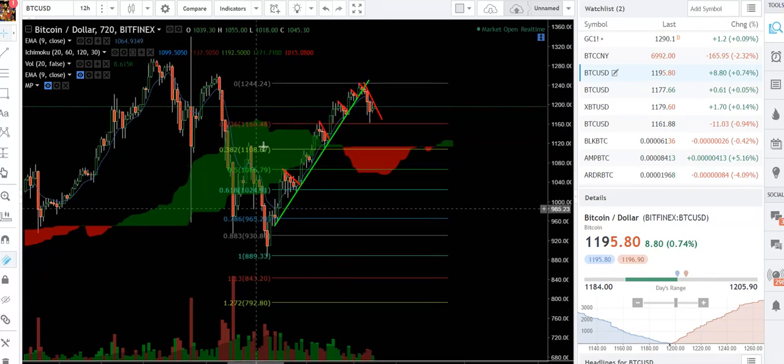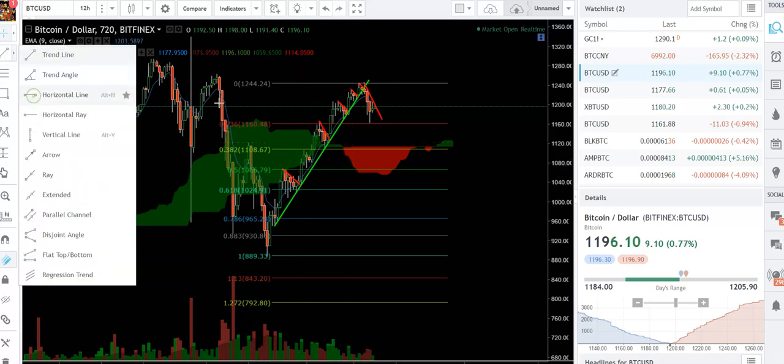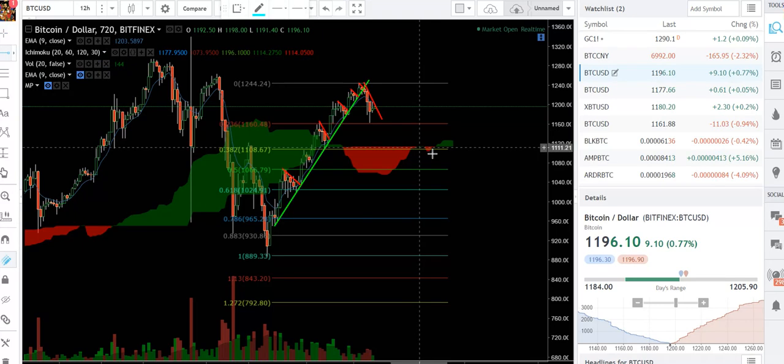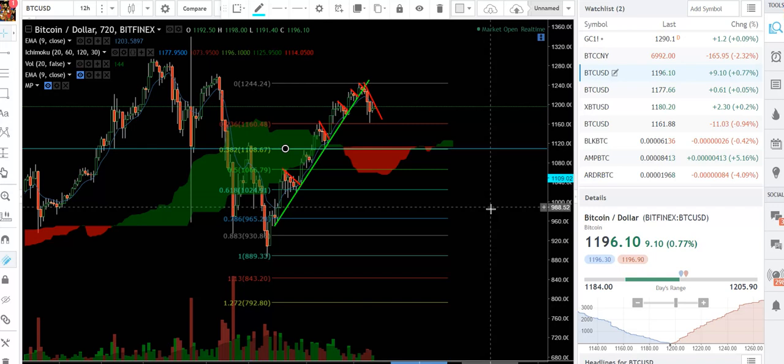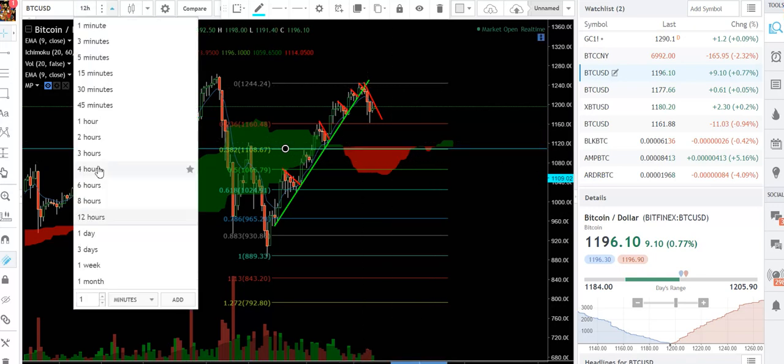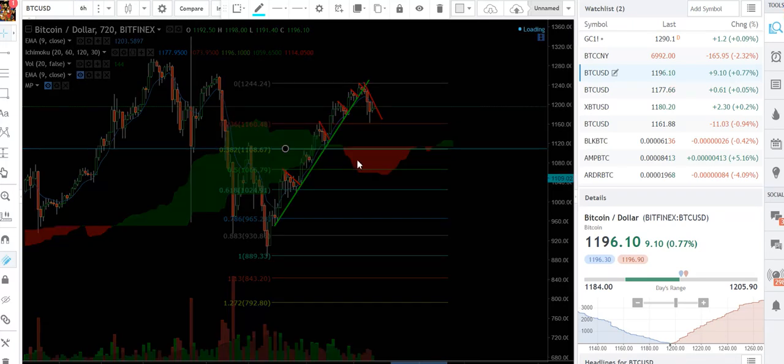When I look at it on the 12-hour and the 6-hour, it's showing me that there is a support cloud right about here, at about 11:10, 11:12, let's say. So there's a support cloud on the 12-hour and on the 6-hour resting right at that price point at about 11:10.